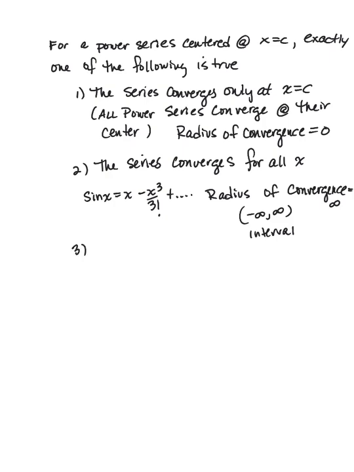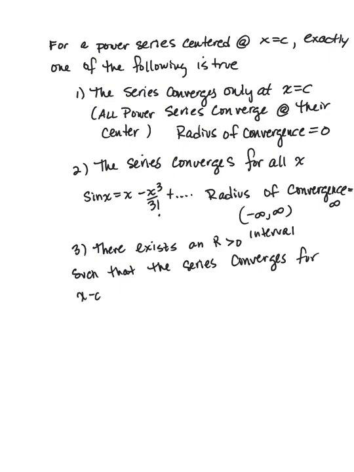The third scenario is the one they're most likely to test on the AP exam because it's going to involve the ratio test. There exists some number R greater than 0 such that this series converges for |x - c| less than that number and diverges for |x - c| greater than that number.